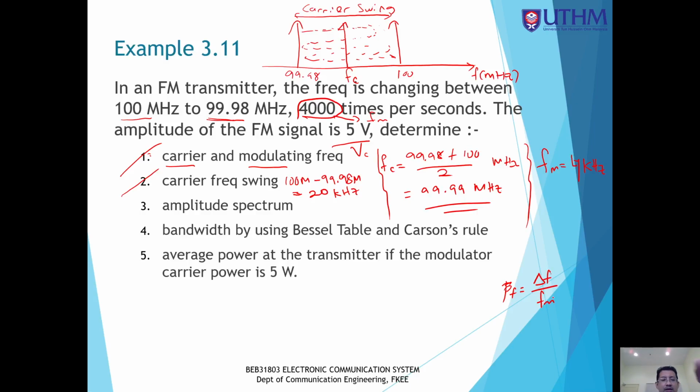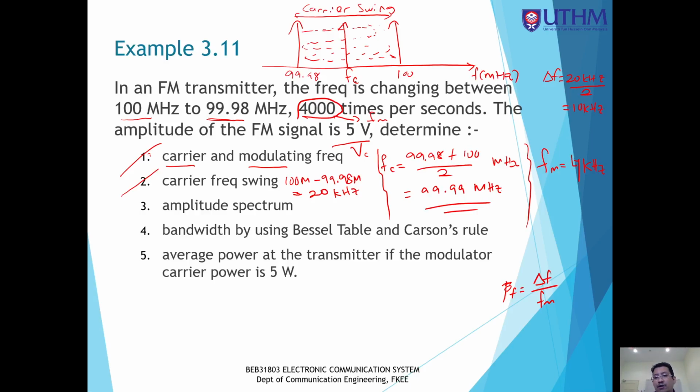Delta f is equal to the carrier swing divided by 2. So delta f is 20 kilohertz carrier swing divided by 2, so I get 10 kilohertz.